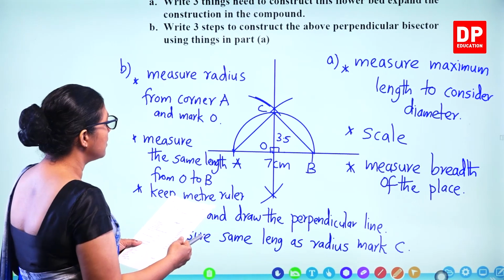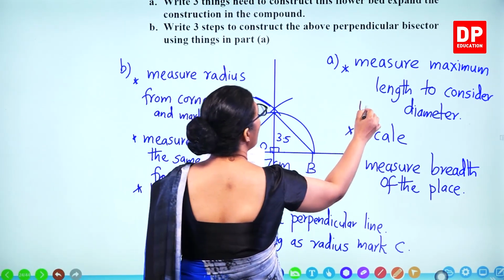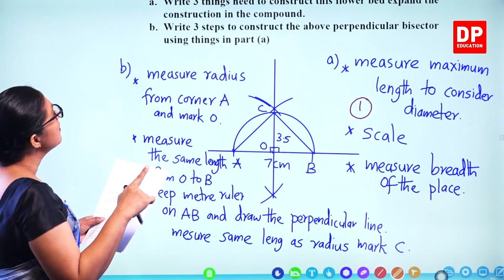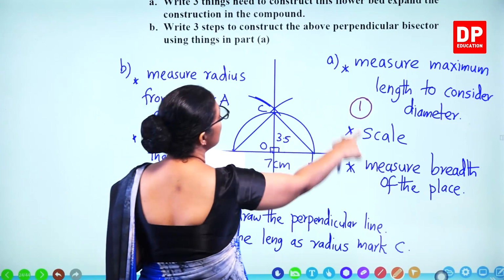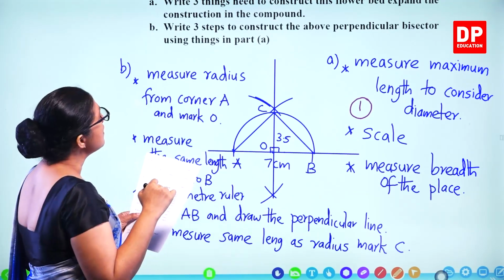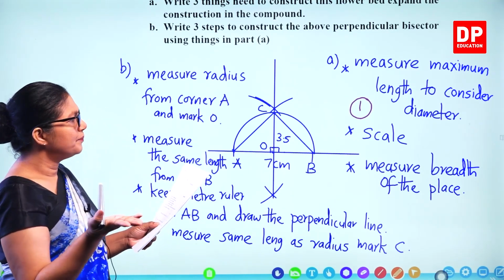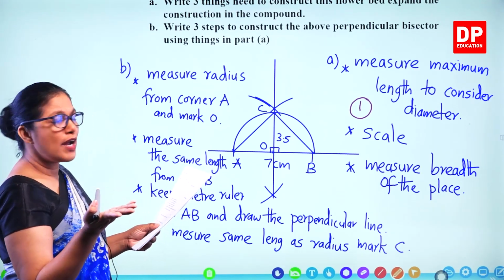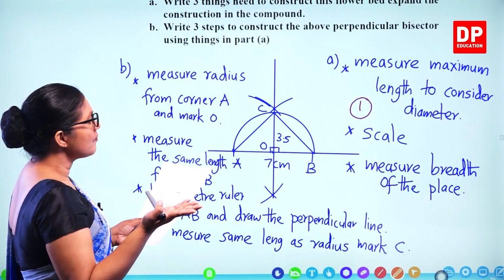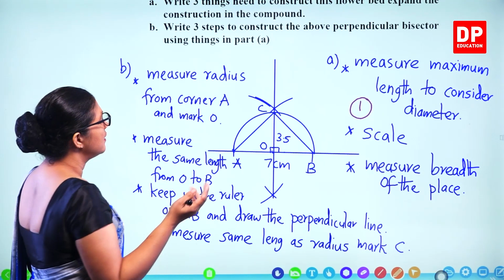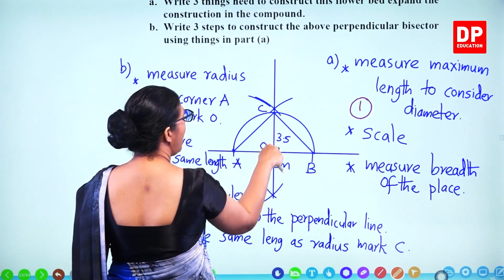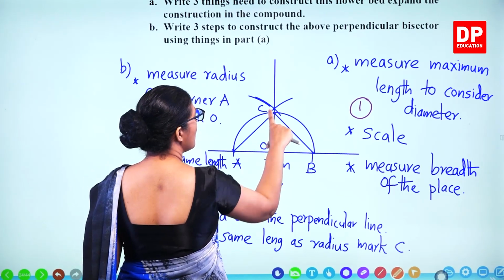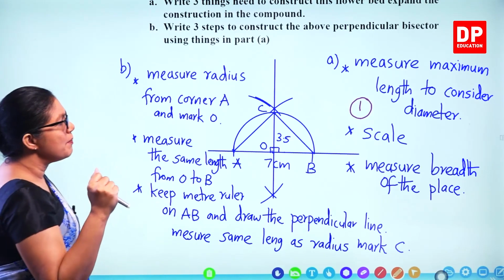Just 1 mark for finding these three things. We have to write meter ruler to measure this, because we have to measure this one, this one, this one, all with the meter ruler.